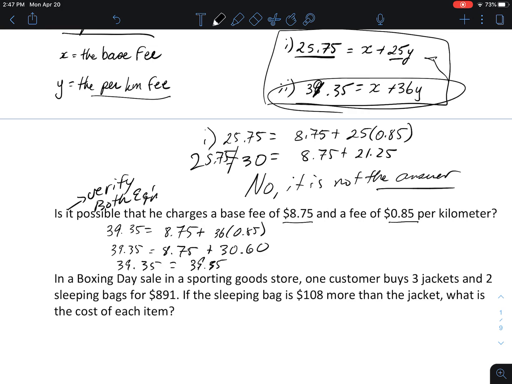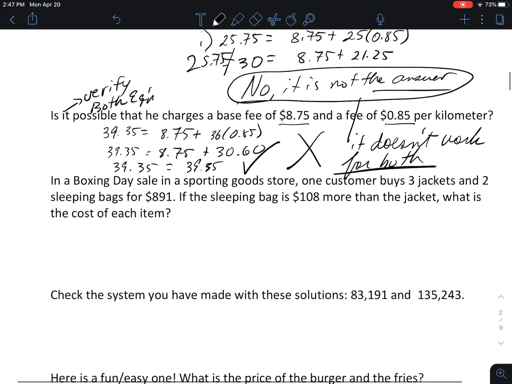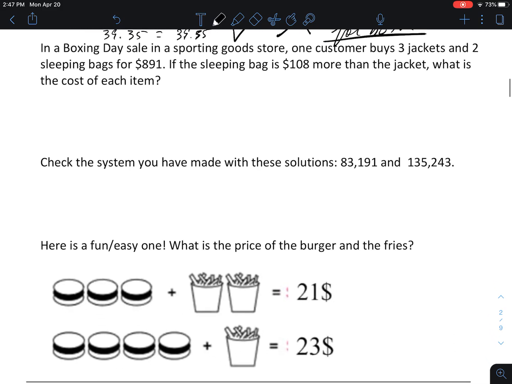So that's great. That tells me that it works for this equation, but it doesn't work in this one, so it's not the answer. So even though it worked in one, it has to work in both. No, it is not the answer. It doesn't work for both.